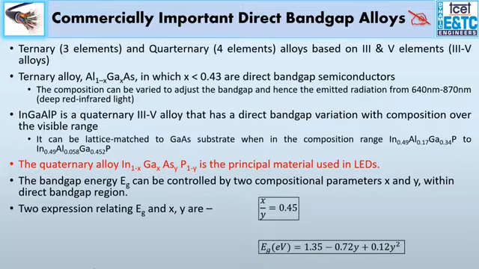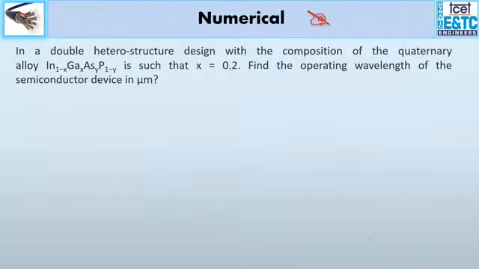You can calculate your Eg in electron volts as 1.35 minus 0.72y plus 0.12y square. So you can be asked numericals related to finding Eg, or what the Eg should be to get a particular wavelength, or what the combination should be to get that particular Eg.